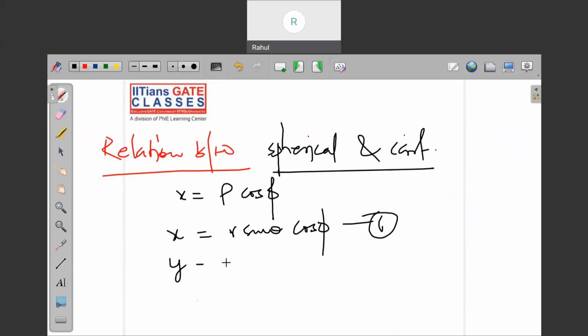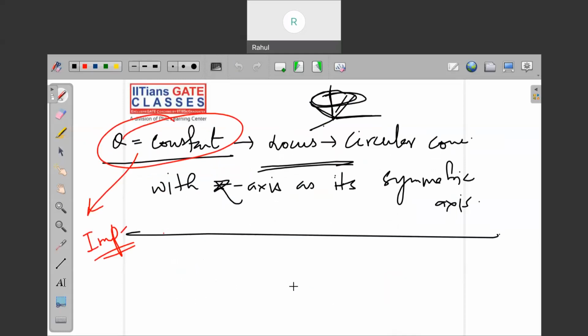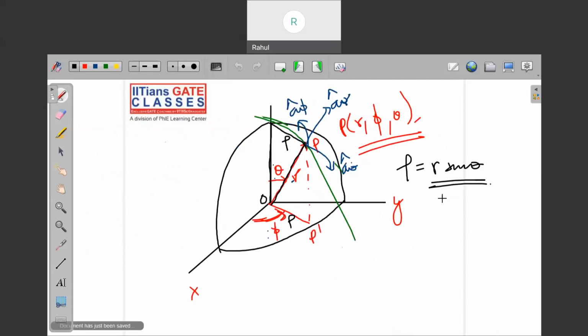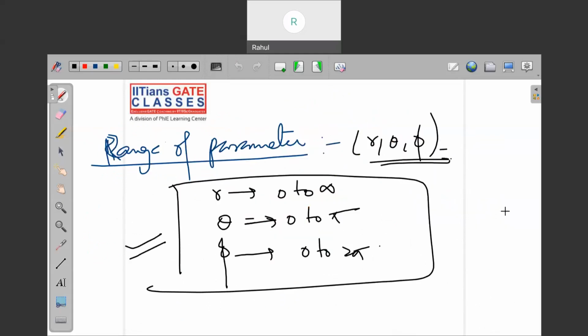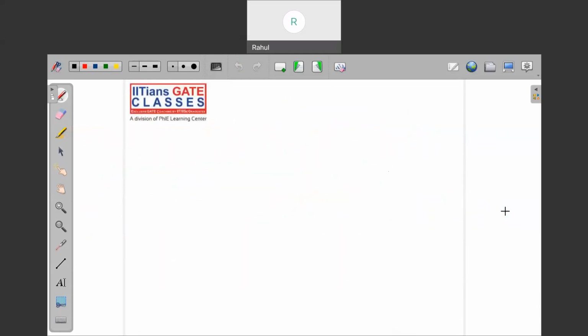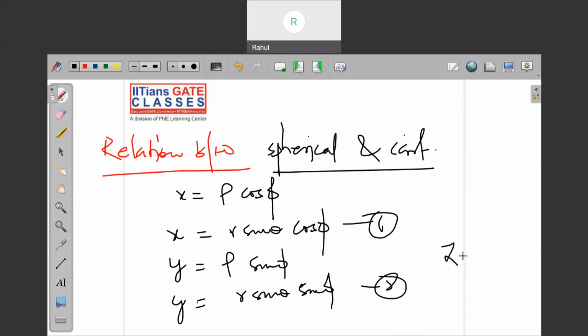And as we know that y equal to rho sine phi, so rho is again r sine theta sine phi, right? So this is equation number 2, right? And z is basically r cos theta, right? From that triangle you can compute z equal to r cos theta. So let me put here z equal to r cos theta. This is equation number 3.